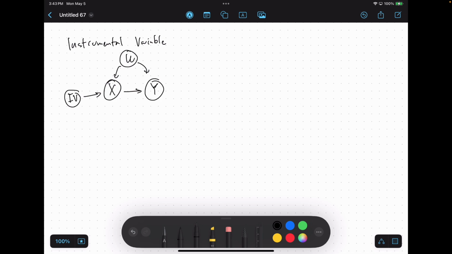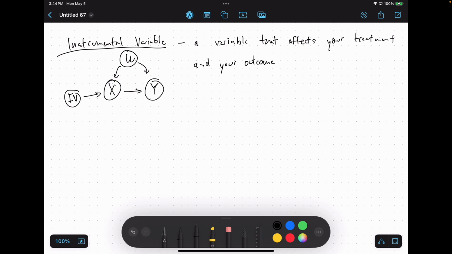And so this is a variable that affects your treatment and your outcome only through the treatment.